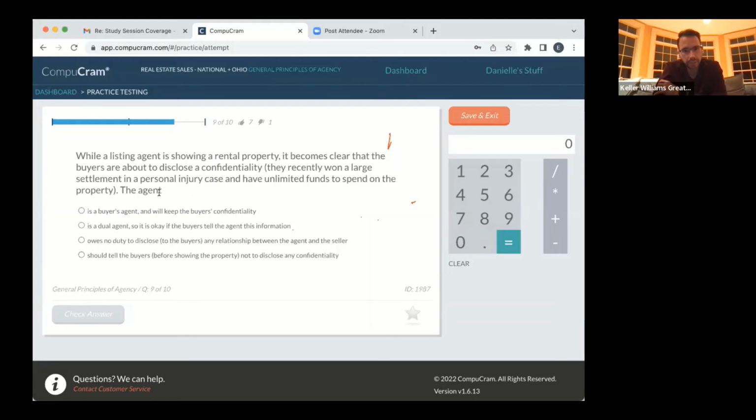B, is a dual agent, so it's okay that the buyers tell the agent this information. C, owes no duty to disclose to the buyers any relationship between the agent and the seller. Or D, should tell the buyers before showing the property not to disclose any confidentiality. I'm seeing A's and D's.